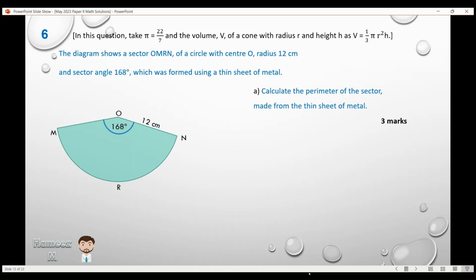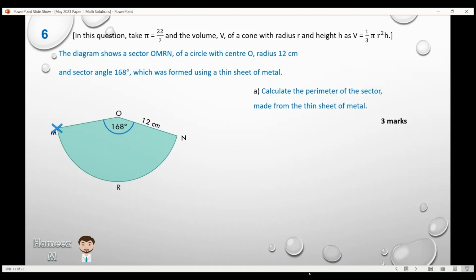So let's recall what is perimeter. It is the distance around the entire shape. So in order to make it simple for students and to cut out the little errors, we can put a point, let's say X, to indicate where we're starting.